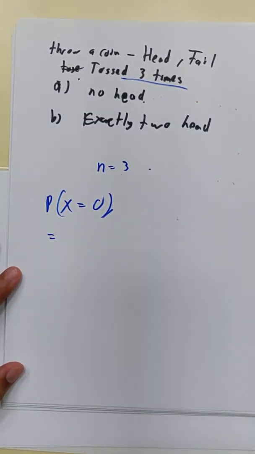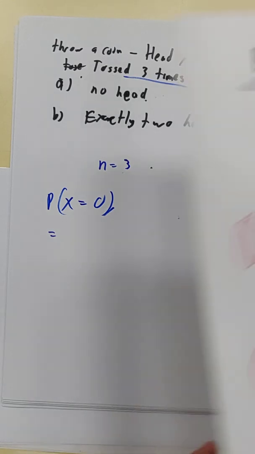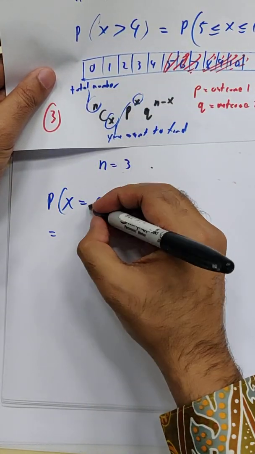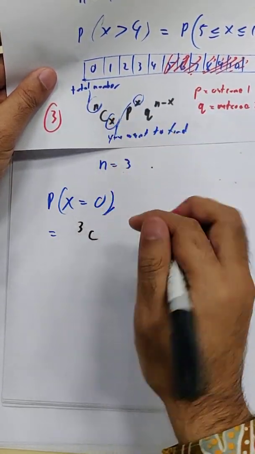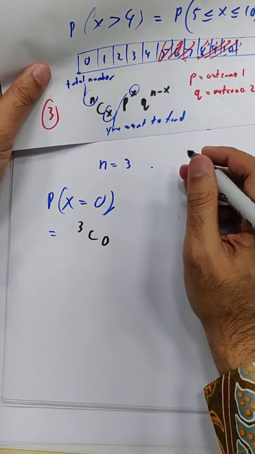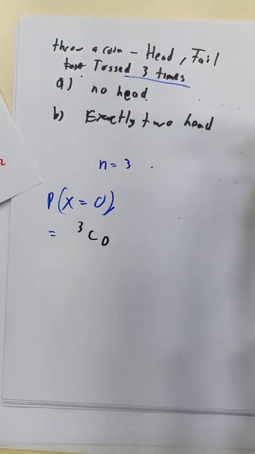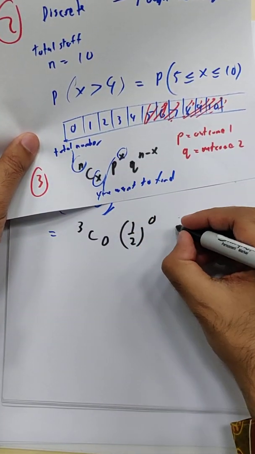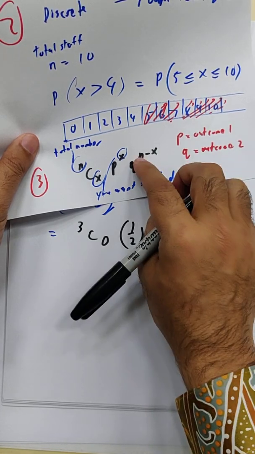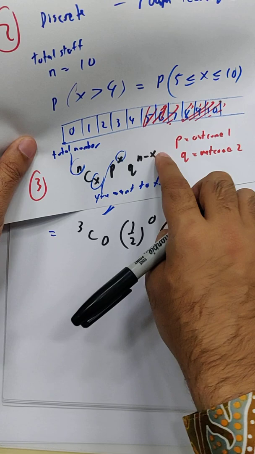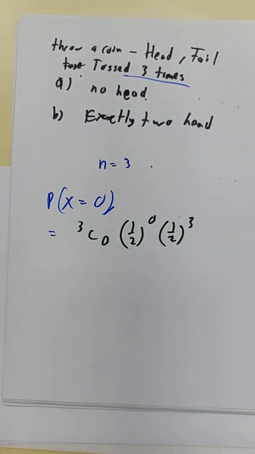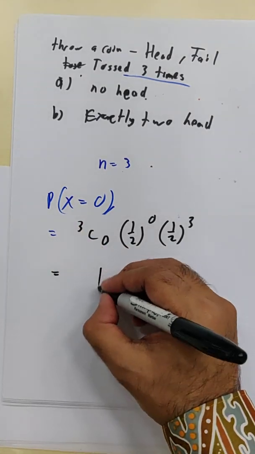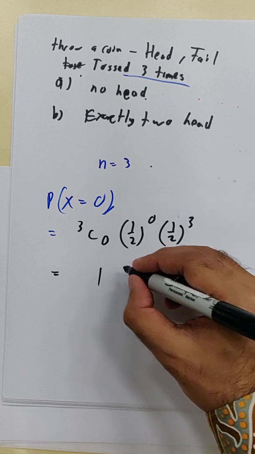So according to the formula nCx p^x q^(n−x), n is 3, C, x is 0, p in this case, head, a coin, so it's half, 0.5 is okay. 0.5 to the power 0, and 0.5 to the power 3 minus 0, which is 3. Now press that in your calculator, what do you get? 3C0 is 1, this is 1, this is 1 over 8.